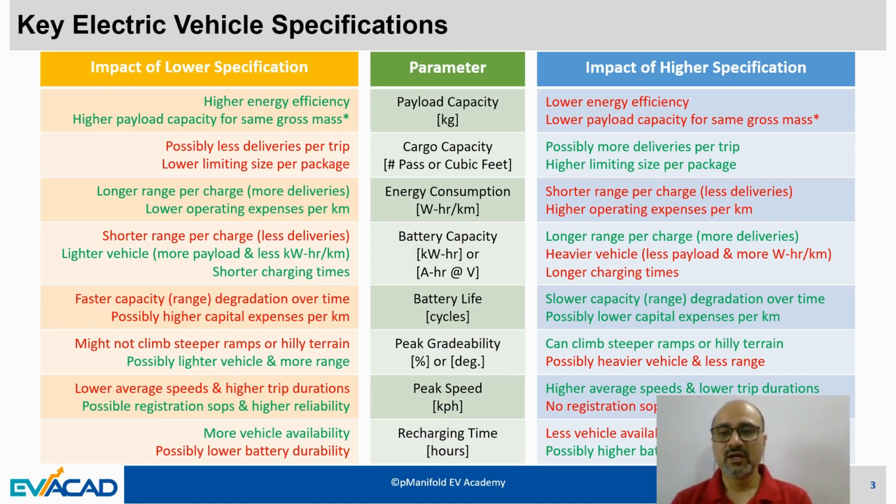Higher battery capacity potentially gives higher range, but that gain is reduced because you have to carry the higher mass of the batteries. So it's a trade-off on how big a battery and how much range you want per charge.